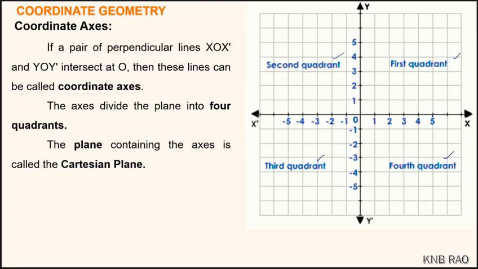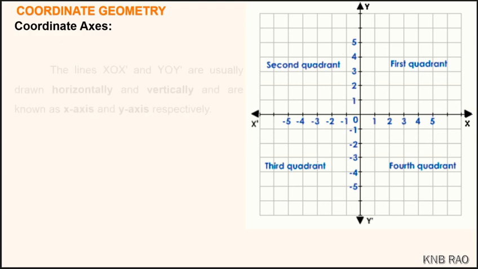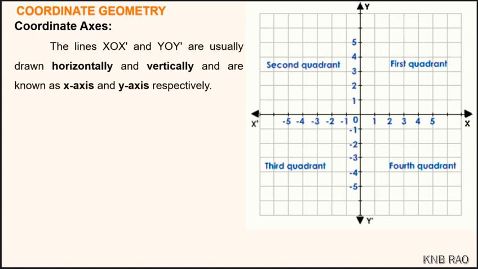This is the third point. Fourth point, the lines XOX' and YOY' are usually drawn horizontally and vertically and are called X axis and Y axis respectively.